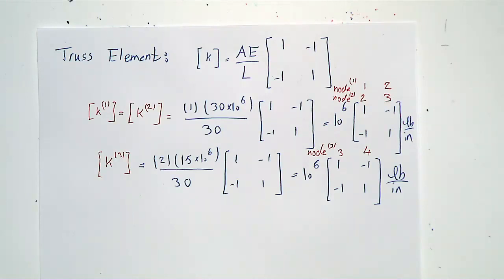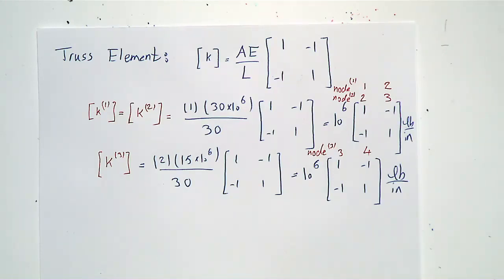So if you remember from the Tuesday lecture, there are two ways to calculate the global k matrix. One was just doing exactly what we did for element one, writing down the force equilibrium equations for each node and the elements, and trying to find the relationship between the forces and the displacement.